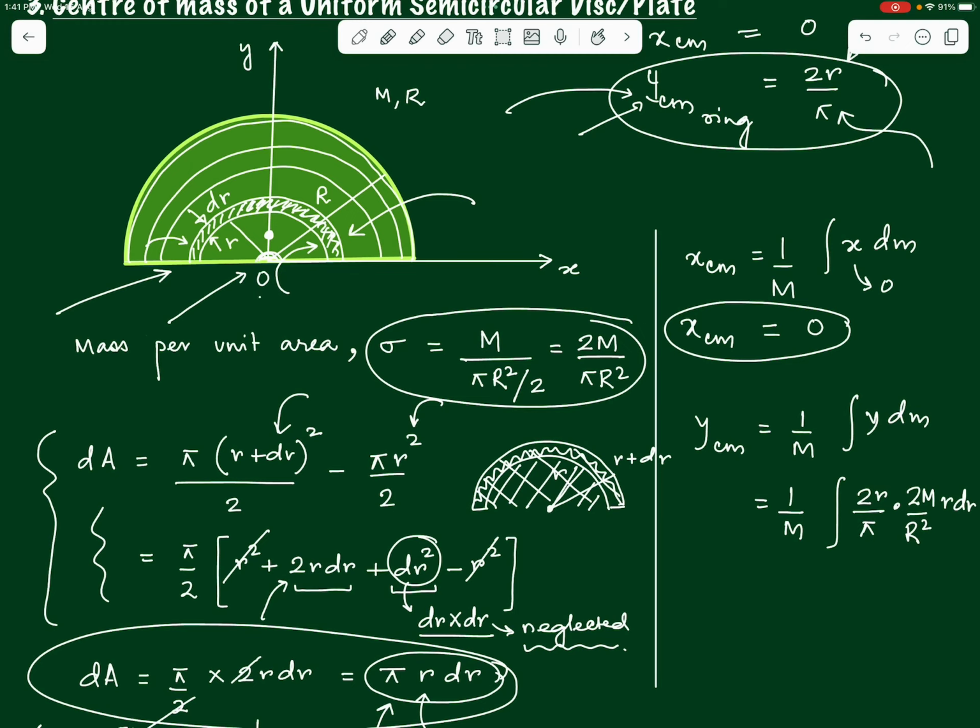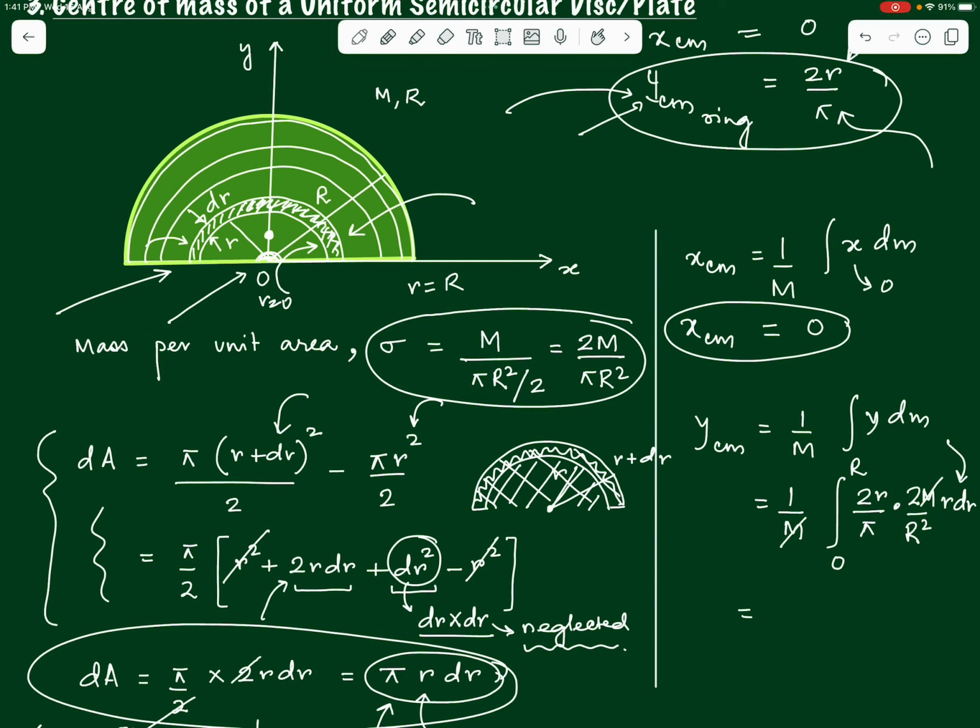So as we move from small r equal to 0 to small r equal to capital R and consider half rings, we will be able to cover the entire half disk, right? So can we say the limits of integration here should be 0 to capital R for the small r value. Small r is the integrating factor, right?